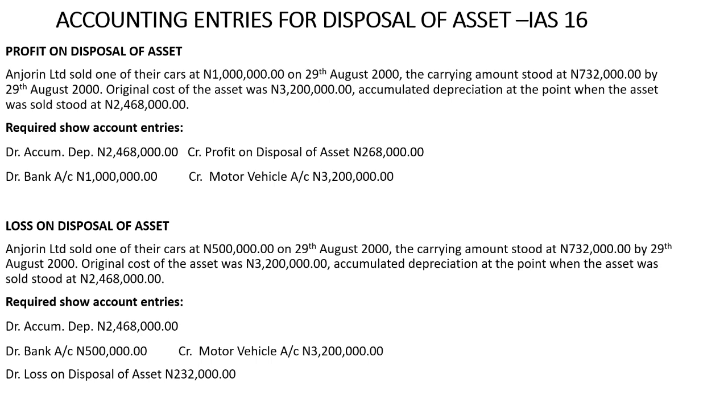So you debit loss on disposal of asset account with 232,000 naira, and you credit the motor vehicles account with 3.2 million naira. If you look at this accounting entry, the total on the debit side equates the total on the credit side. So that way you're able to treat a loss on disposal of assets.